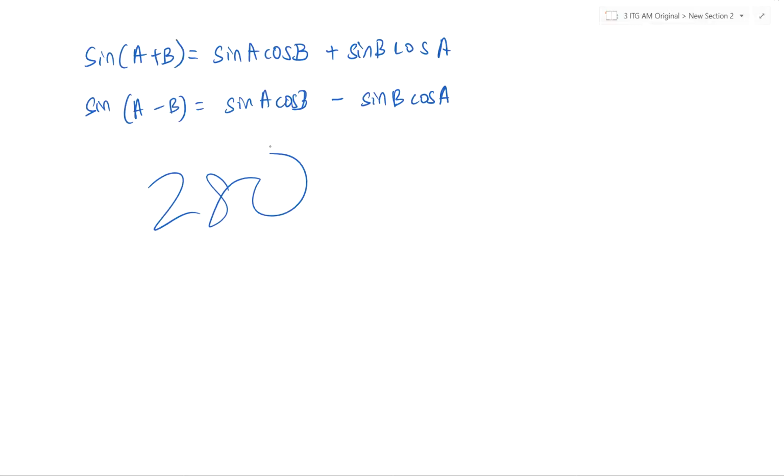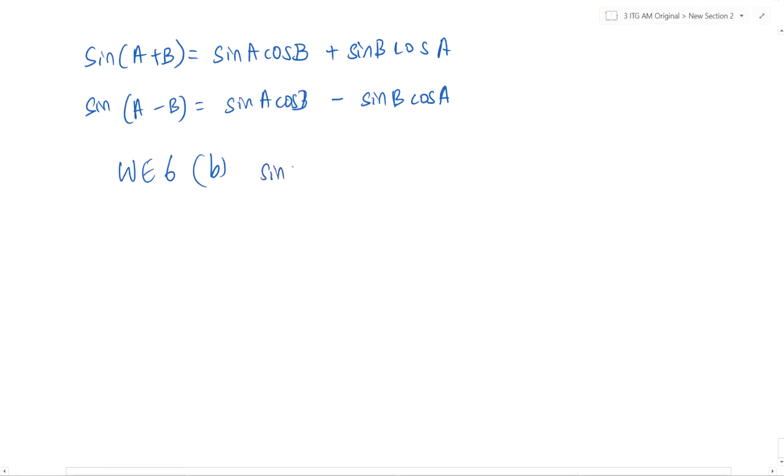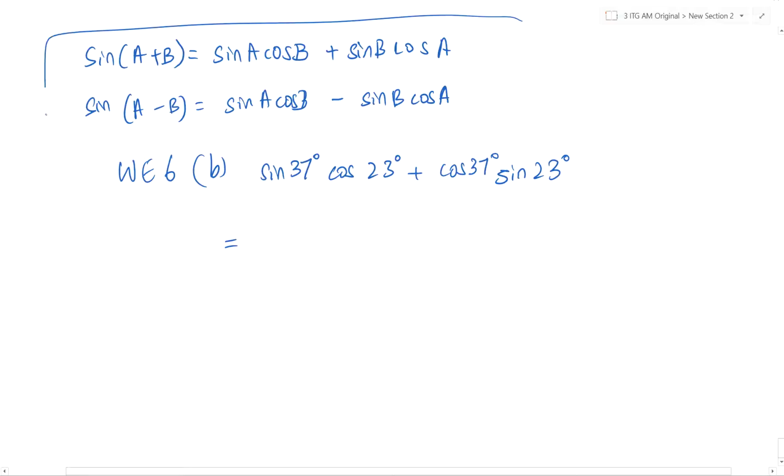It says, word example number 6, question B. Sine 37 degrees cosine 23 degrees, plus cosine 37 degrees sine 23 degrees. You are supposed to evaluate this without using a calculator. Based on what I have up here, do you know what to do?